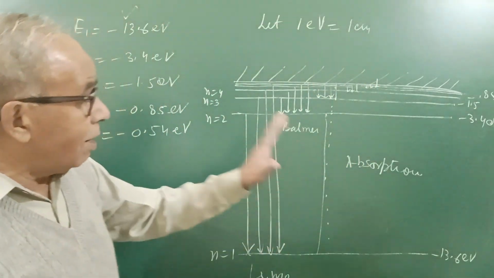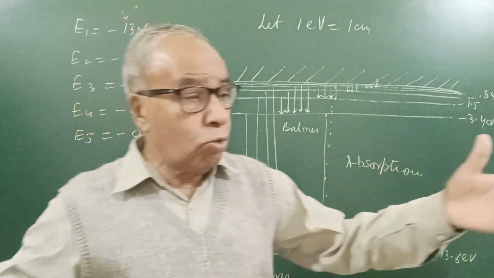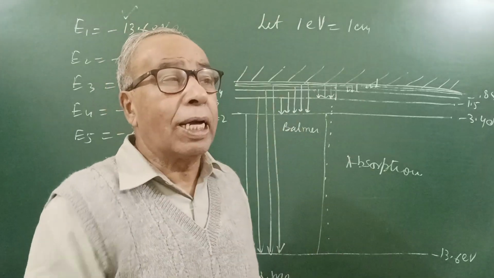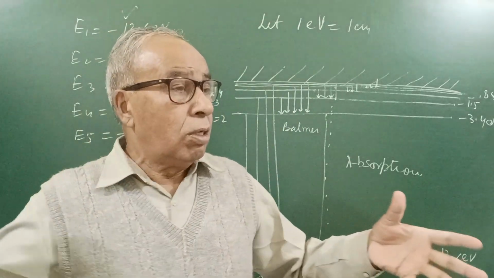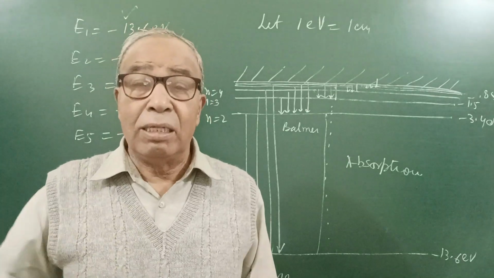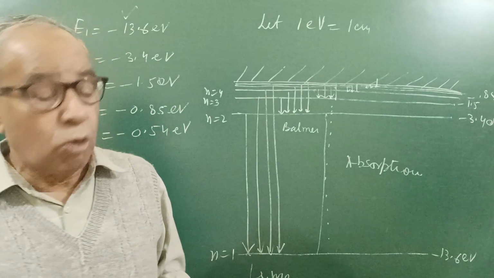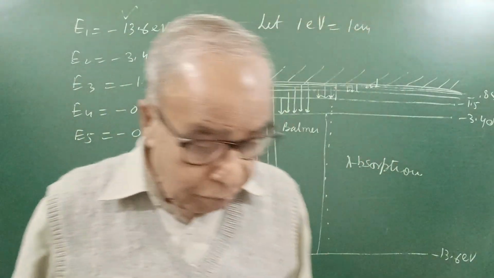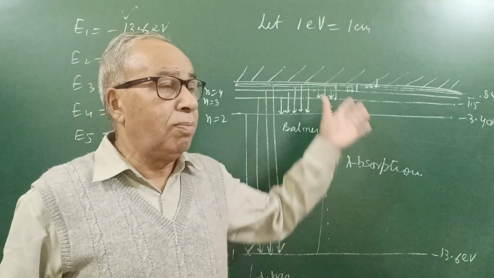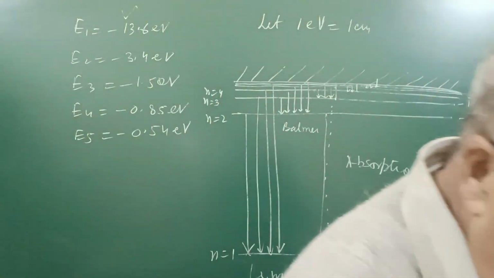You can see the absorption spectrum if you pass white sunlight through sodium vapor. Then you will find two dark lines in the spectrum, because the yellow color which sodium emits has been absorbed. So that spectrum is called absorption spectrum. Absorption spectrum may be a line spectrum, a band spectrum, or a continuous spectrum also.